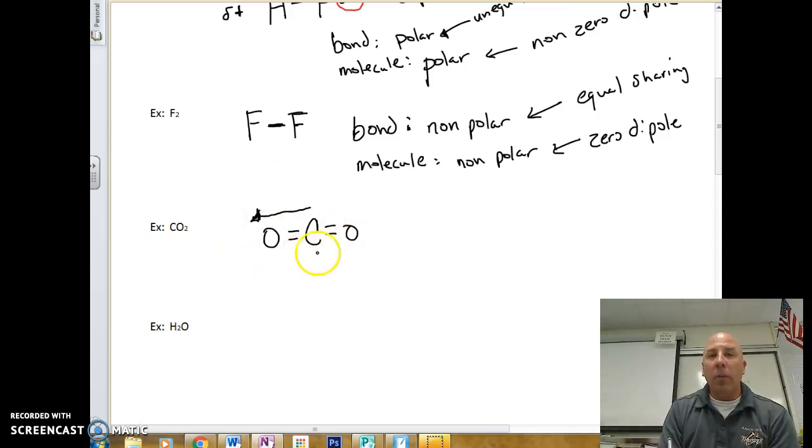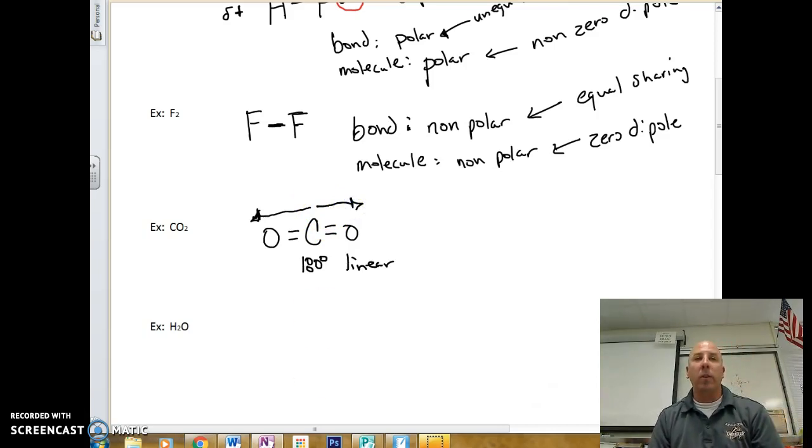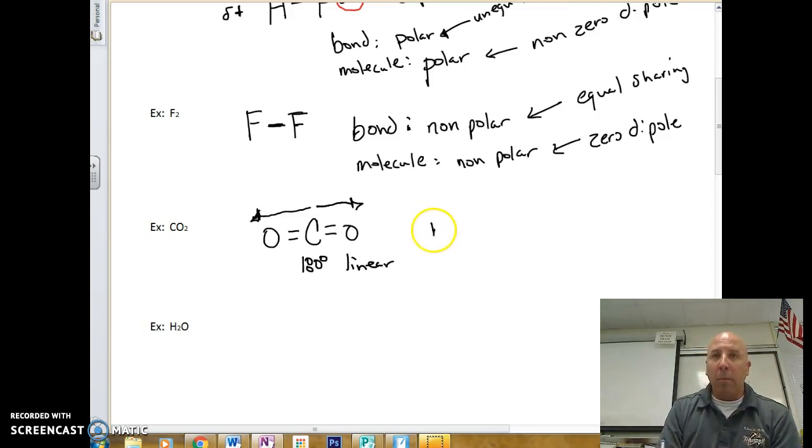But we also know, based on our molecular geometry, this is a 180-degree bond angle, and this is a very linear molecule. So we're going to have an equal pull in the opposite direction from the other oxygen. Something interesting happens here. The bond between one carbon and one oxygen is a polar bond, with unequal sharing.